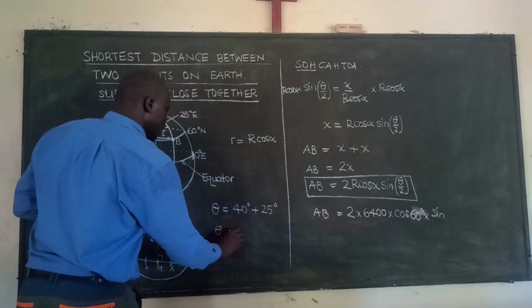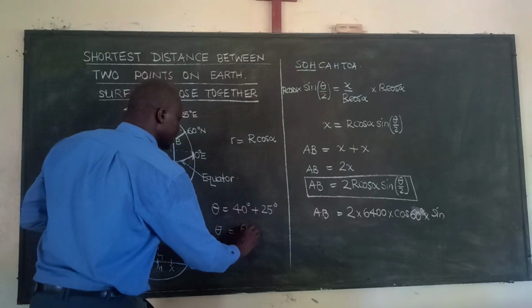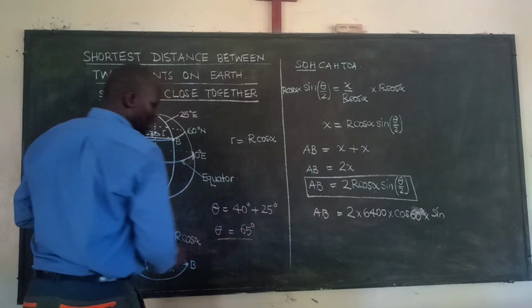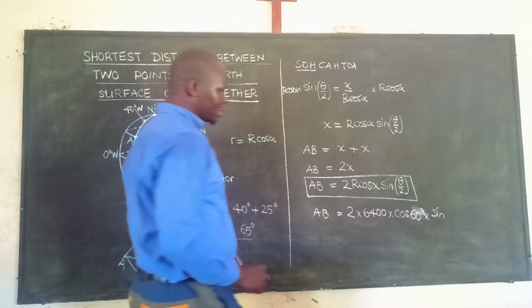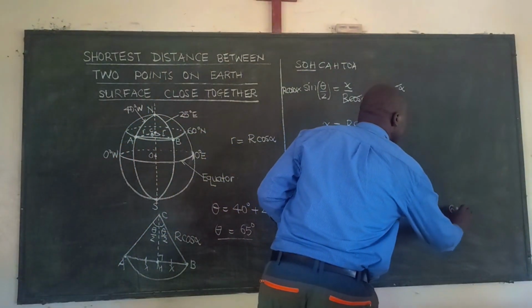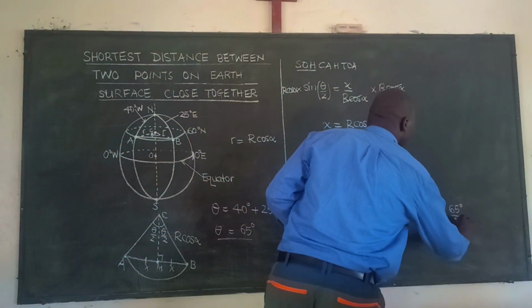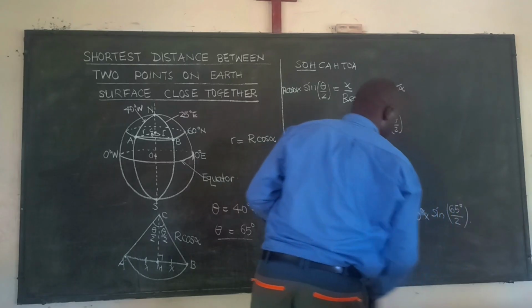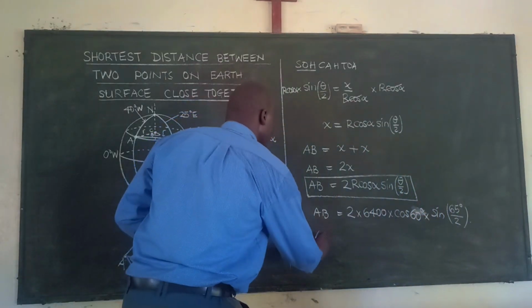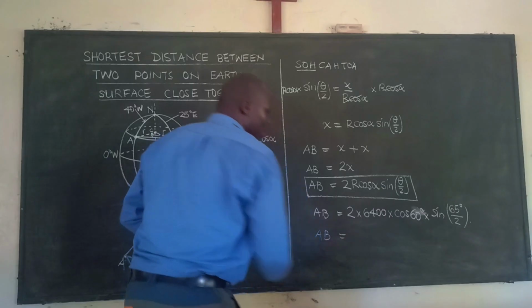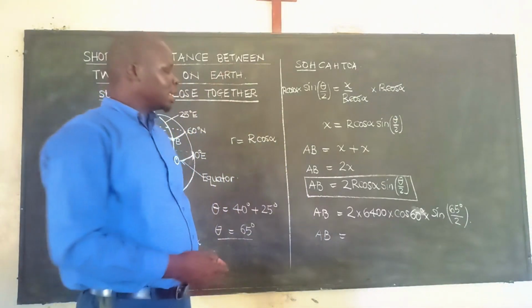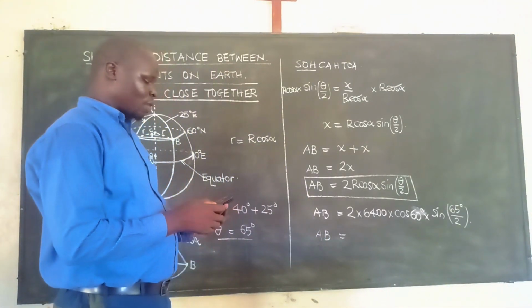If we add it together, we obtain 65 degrees, and we place it here as 65 degrees, but remember it's divided by 2 from the formula we had. And from here, we can make our calculation. Maybe let's get a calculator and work it out once.